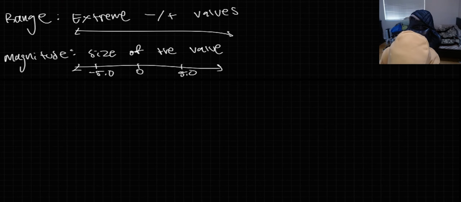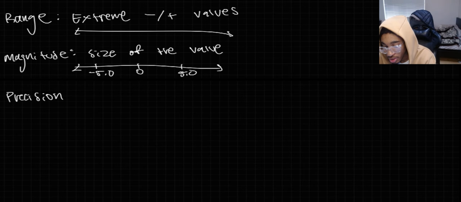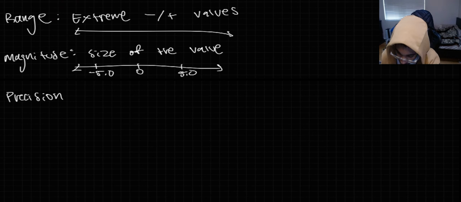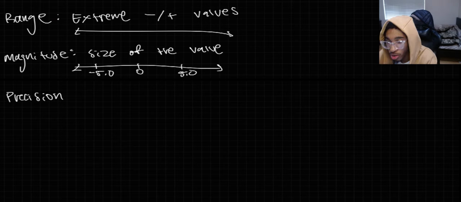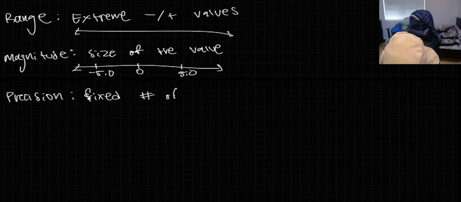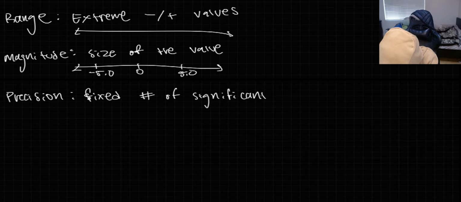Then we have precision. Precision for a floating point value are the fixed significant bits for the specified type. And in our number line example, it would be how many ticks there are on a number line. So we have a fixed number of significant bits for the specified type.